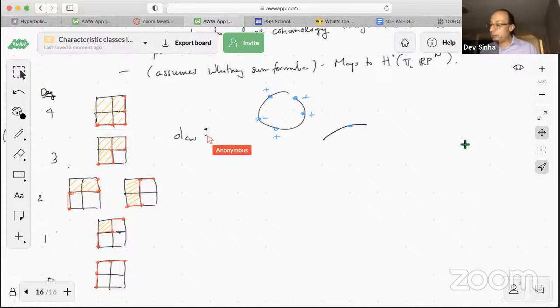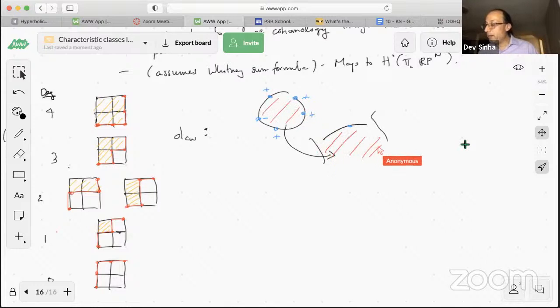The way I like to think about that is that this is happening within some larger space. So this is my disk mapping in there, and the interior of this disk is mapping in here. Maybe I think about that disk folding, but the point is that I like to think about different ways that I can be in the interior of this disk and approach the pre-images of that point.